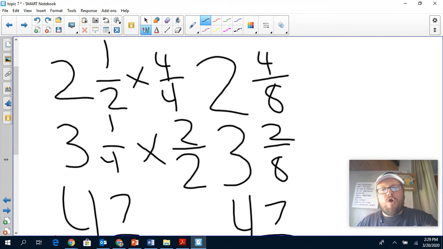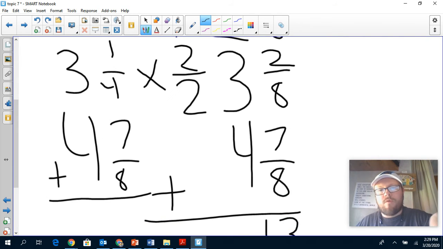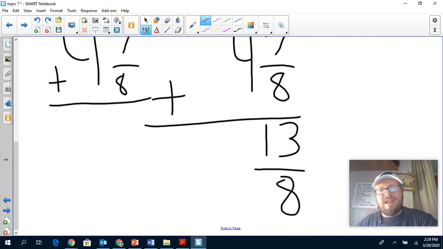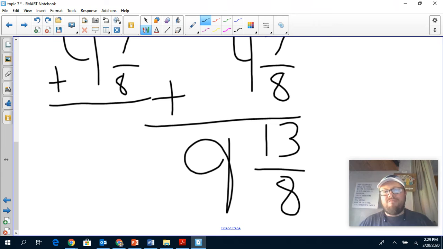And then I'm going to add my whole numbers, 2, 3, and 4, which is 9. Now I look and I have an improper fraction as part of my mixed number. So what I need to do is change that improper fraction into a mixed number in order to see what I need to add to my 9 to finish solving this problem.